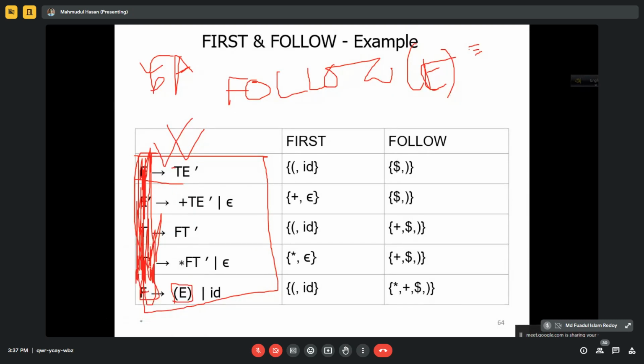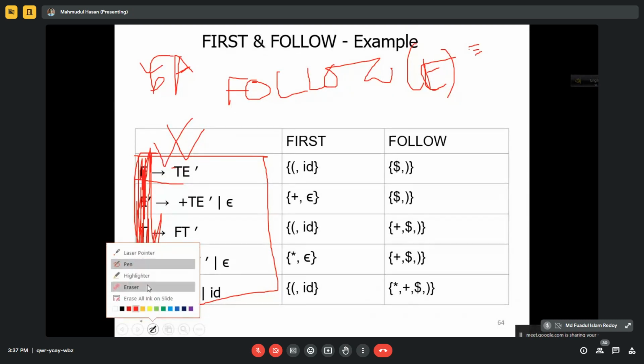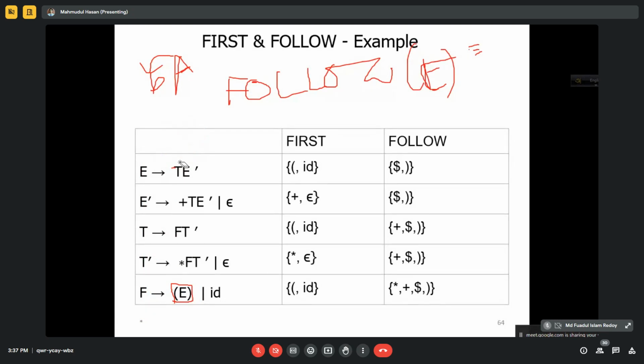And what is the start symbol for this grammar? Think about this grammar. The start symbol is E. For this grammar, the start symbol is E, and we are trying to find the follow of E, so we are finding the follow of the start symbol.